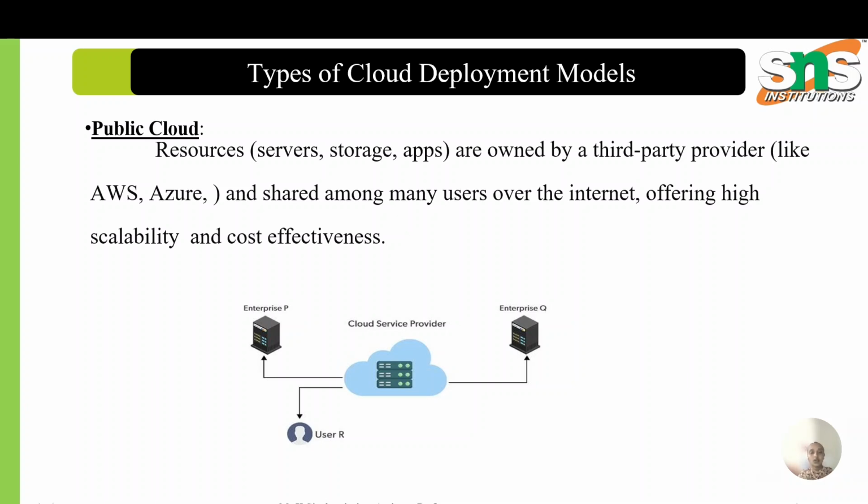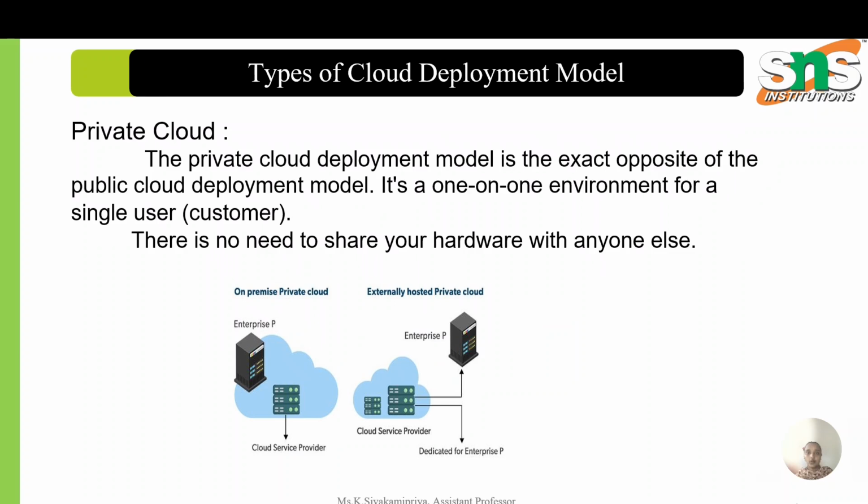In this example there is only one cloud service provider, and many users are collecting data from that particular public cloud. Here three types of users are taking the data from one cloud service provider. This is an example for the public cloud deployment model.